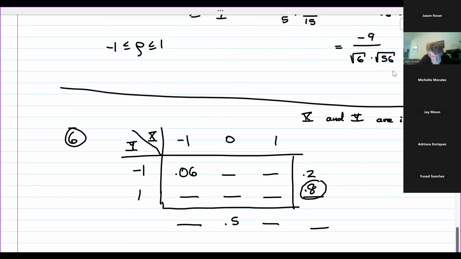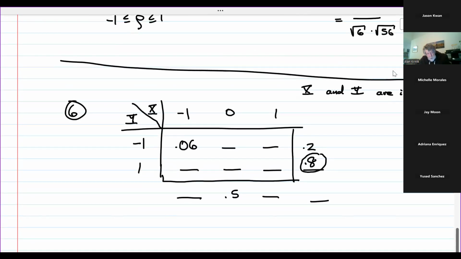Okay. So what it means is we can figure out this entry right here. I'll put a question mark. Also, that entry must be the product of the 0.5 times the 0.8 because of independence. Independence says every entry in the table is the product of its corresponding marginals.